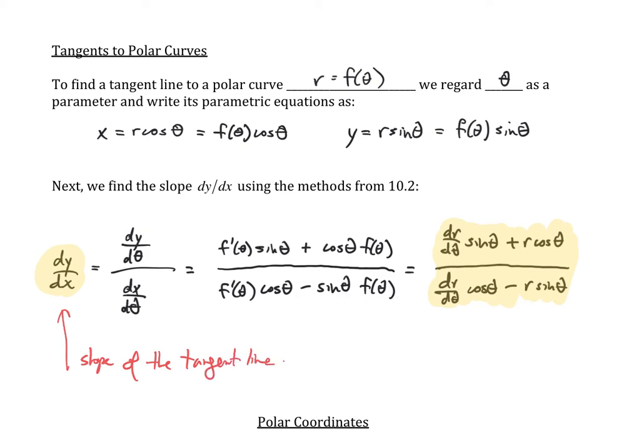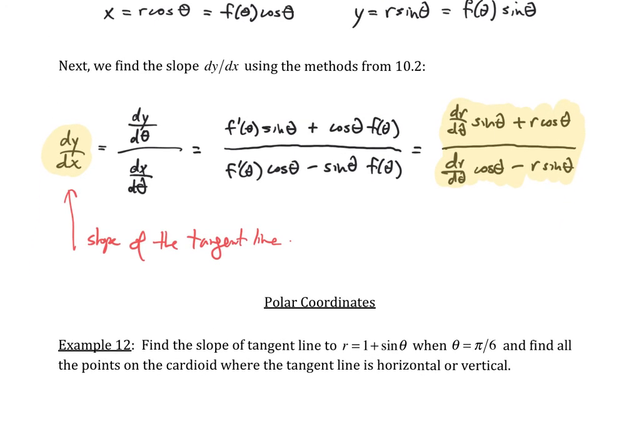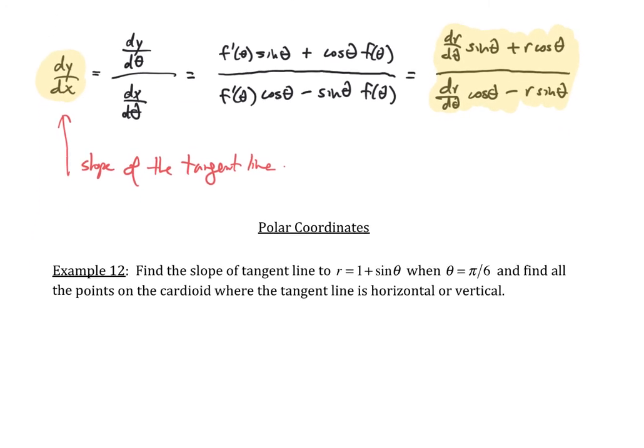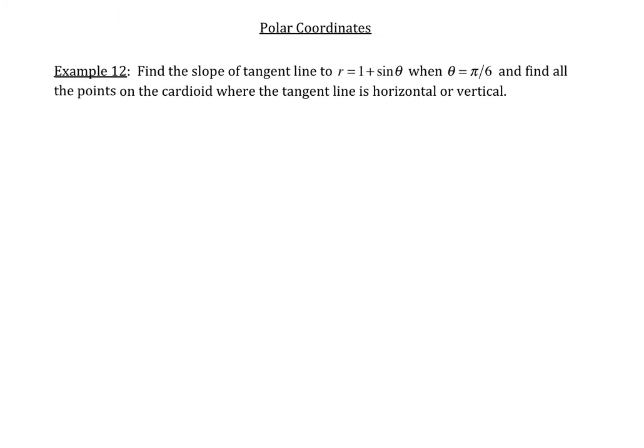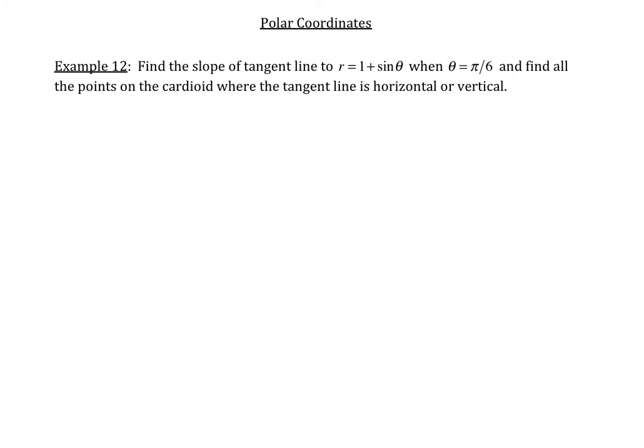Okay, so why don't we take a look at example 12. We'll just do the derivative part and we'll find the rest of it in class together. So in this question, we want to find the slope of the tangent line to the curve r equal to 1 plus sine theta.